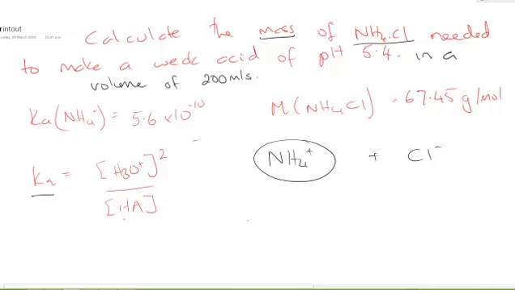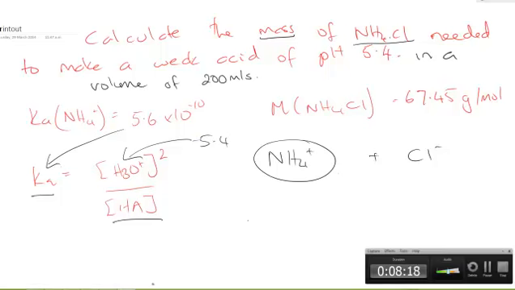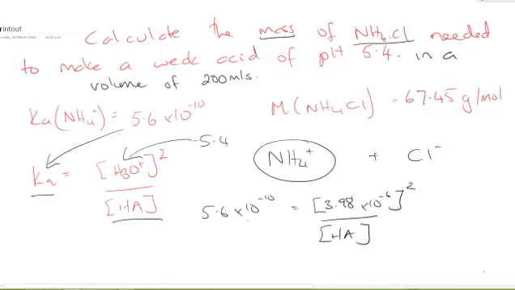Now the concentration of HA is what you're interested in, and H3O plus you're going to get from the pH, which is 5.4. You've been given the Ka value here that's going to go in there, so it's just a matter of substituting in and solving it. Okay, so all I've done here is I've put the Ka value here. I've converted the pH of 5.4 into the hydronium ion concentration down here.